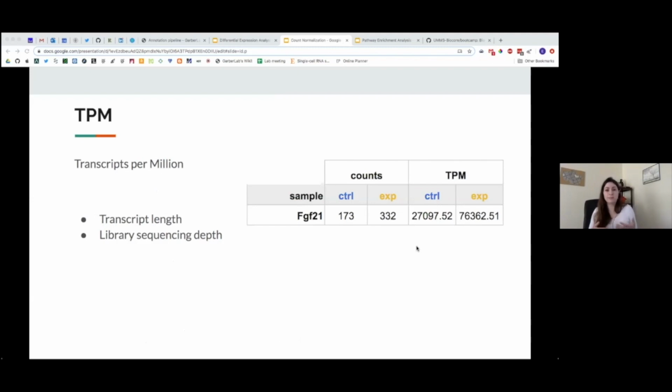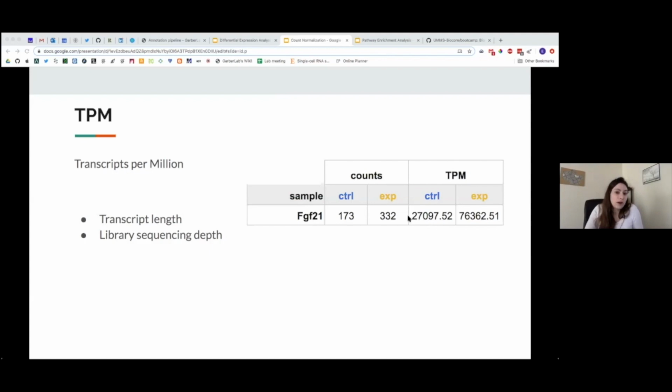And in this case, it's much more intuitive in the sense that if I have 27,000 TPMs for the FGF21 gene in the control sample, what this means is that if I took from this biological sample a pool of 1 million transcripts, then I expect 27,000 of them to have come to be transcripts of FGF21. And to me, that makes a lot more sense. And you can actually think about this in a clearer biological way.